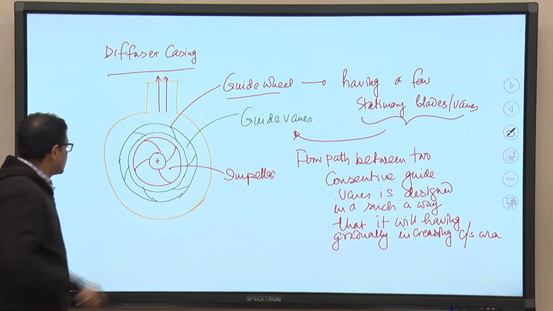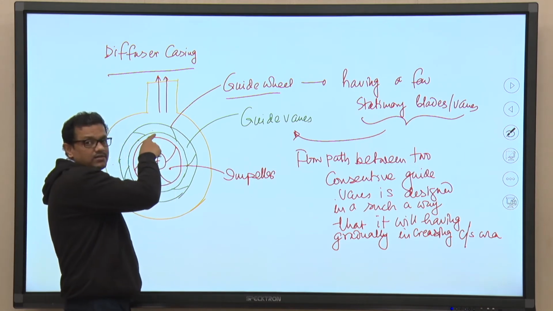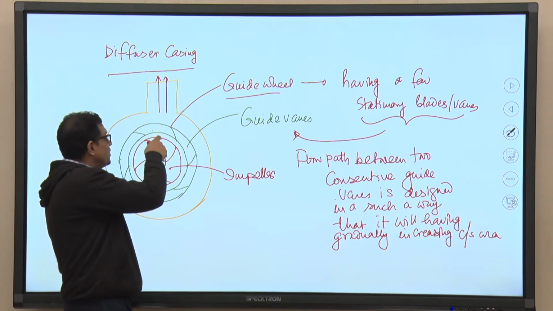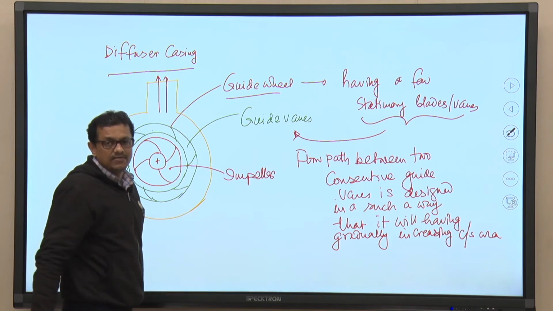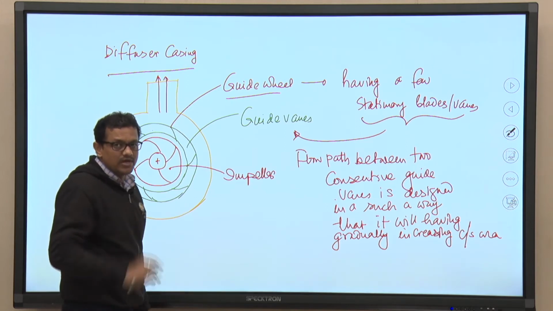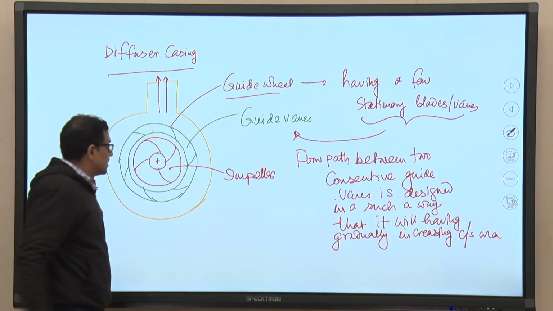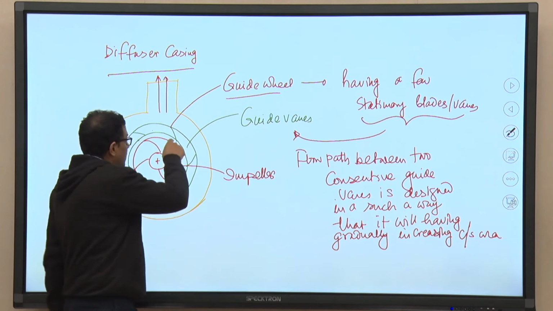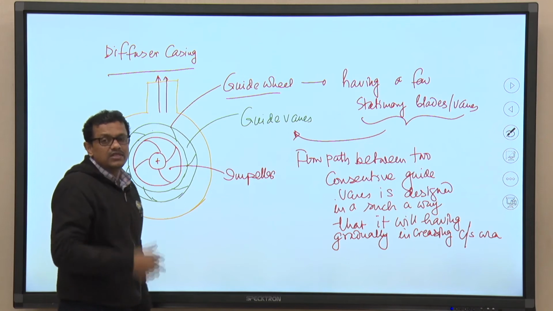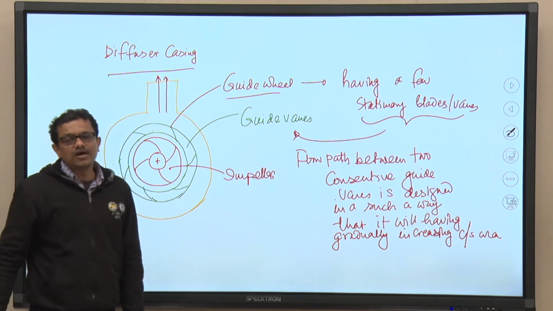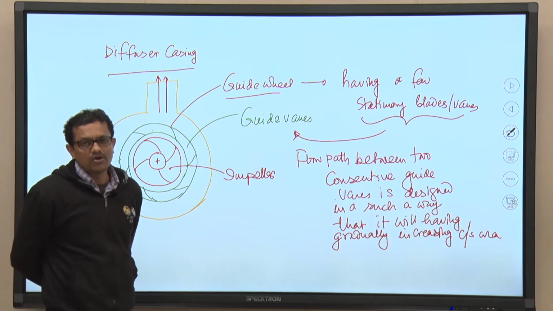So, this is very important, and what is important to know is that the water leaving the impeller will now move into this flow path, and while moving through this flow path between two consecutive guide vanes, the area is gradually increasing, velocity will fall, and pressure will increase. Most important is that the inlet angle of the guide vane should coincide with the velocity of water leaving the impeller at the outlet, otherwise there will be separation loss and shock loss.